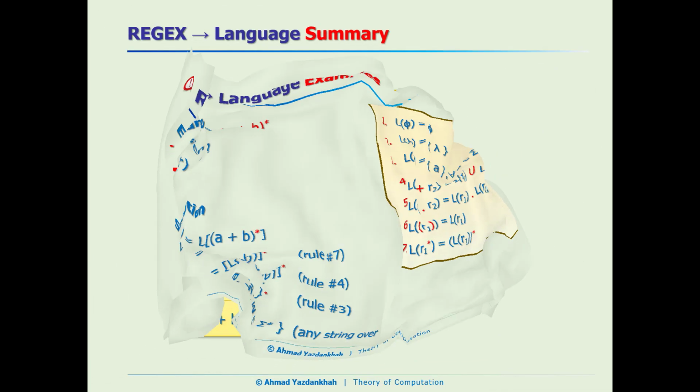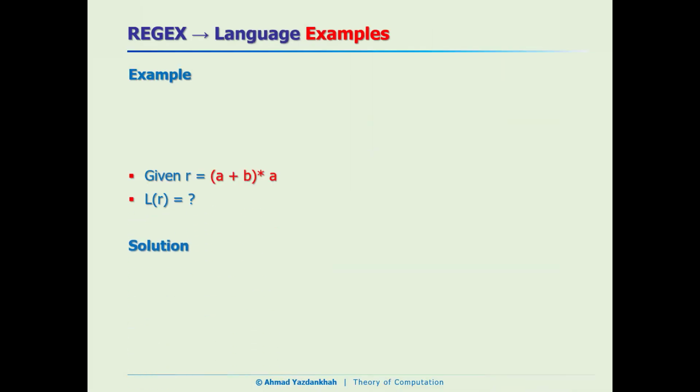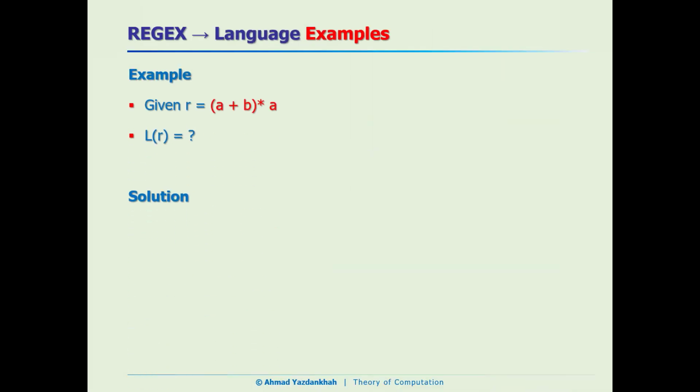Now let's summarize what we said here. The regex is this, the language is this, and all of these examples. We also emphasize that knowing this is important because we will be using it from time to time.